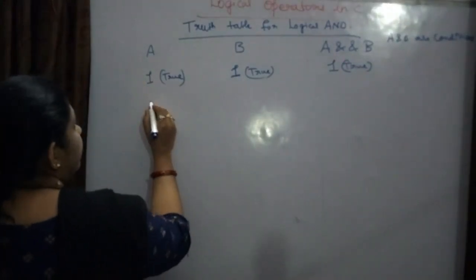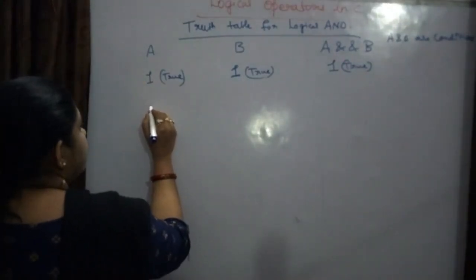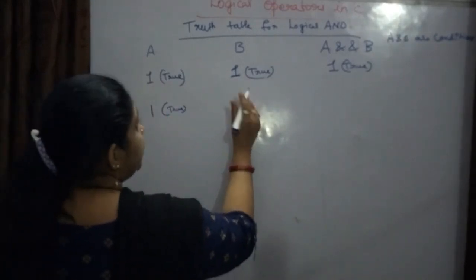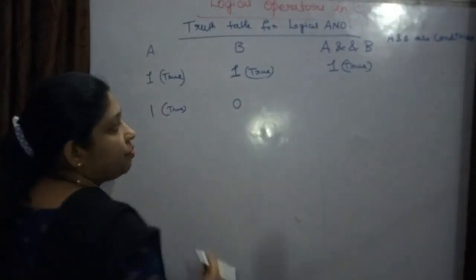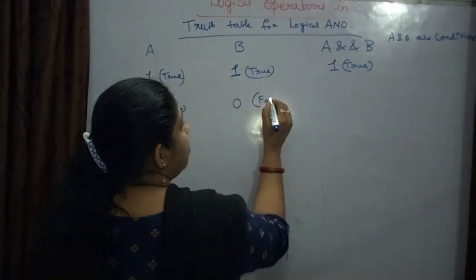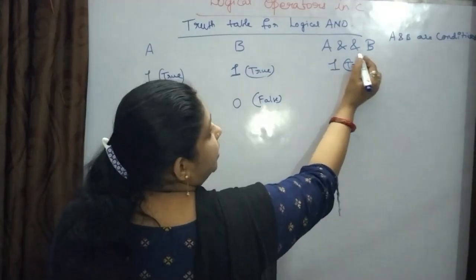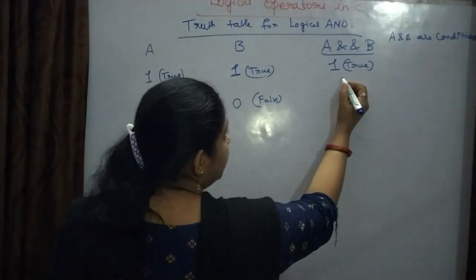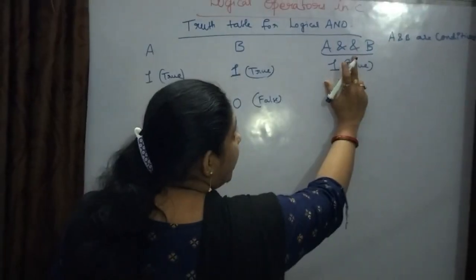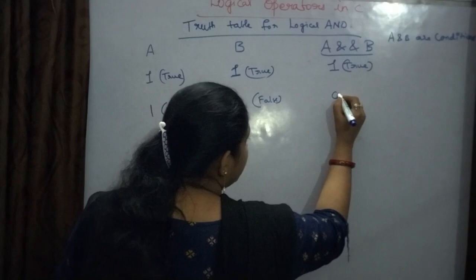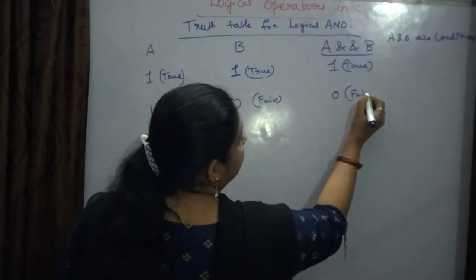Next, if the first condition A is true and the second condition B is false, its value is 0, then automatically A && B, the logical AND of A and B, will be 0, that is false.